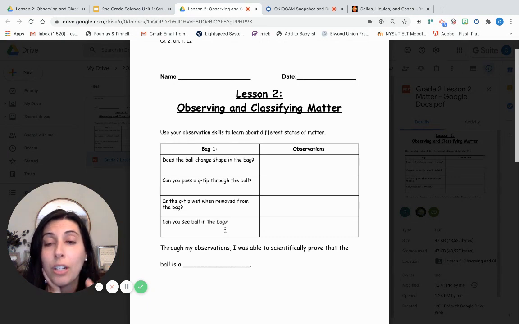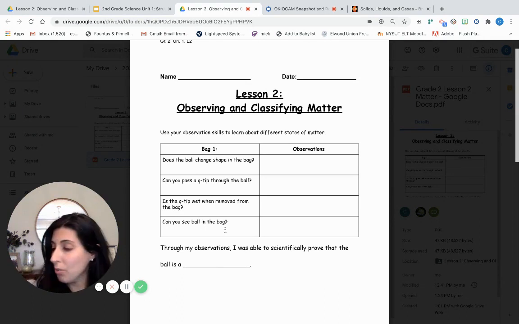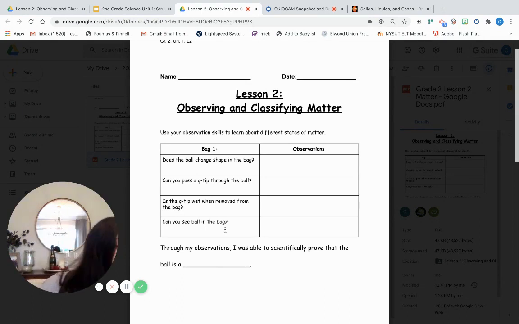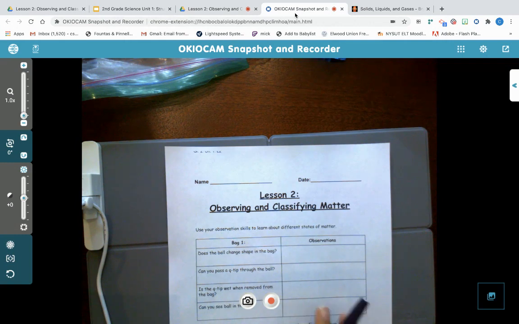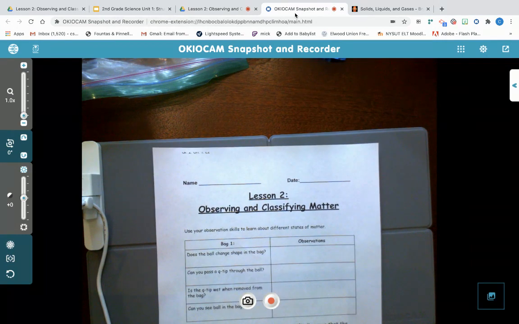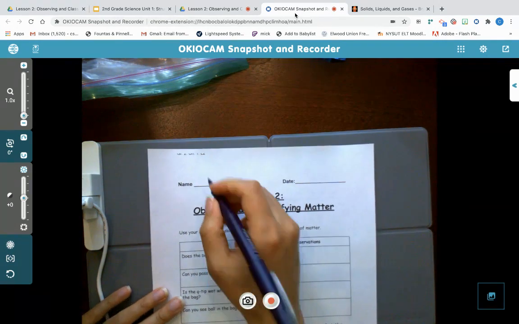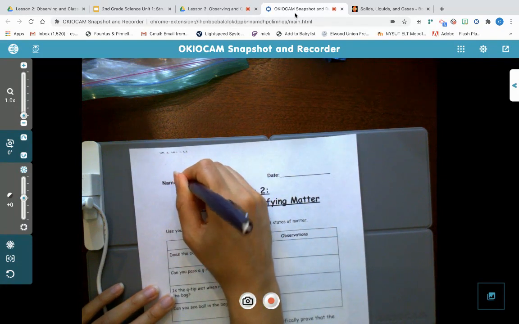Once you have your sheet in front of you, the first thing we do is always the same. We pick up our pencil and write down our name. So go ahead and do that. And then you can write the date as well. I'm going to write my name at the top.